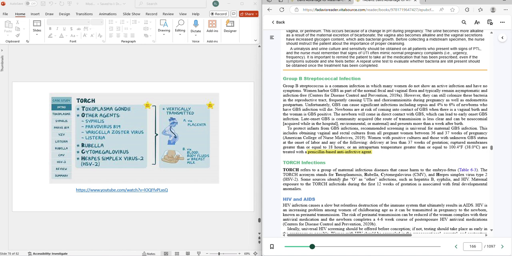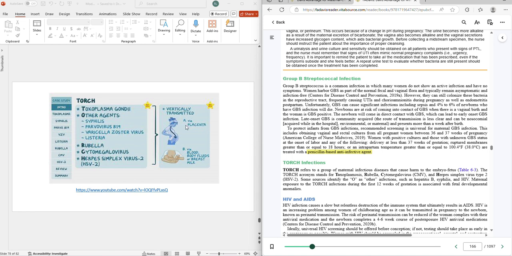Okay, the O, of course, is for other infections. So look over here, and you will see what all it stands for. So other is syphilis, parvovirus B19, varicella, which we know is what? Chickenpox, listeria, rubella, and then it goes down through the torch.